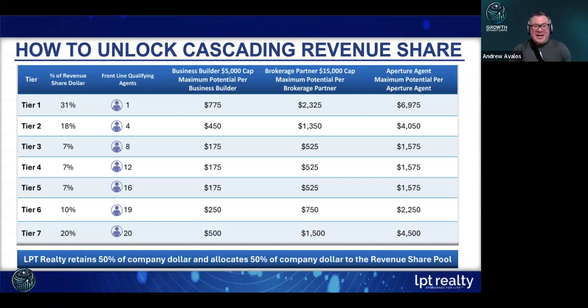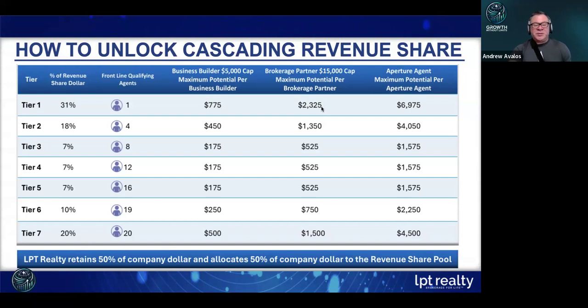When they completed their ICA, their independent contractor agreement, they wrote you in as their sponsor. So for every person that directly writes you in as the sponsor, whether it would be on the business builder or the broker partner plan, those agents would be your tier one agents. So agents that directly wrote you in as their sponsor.